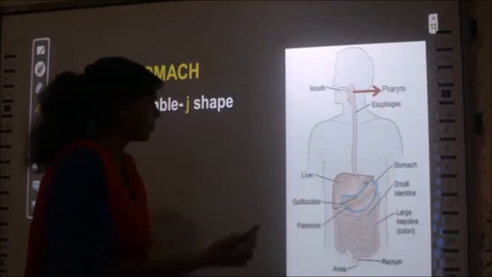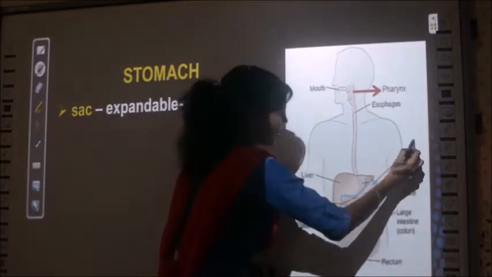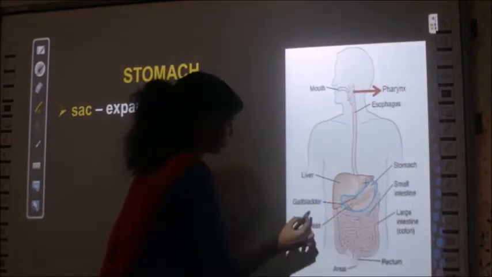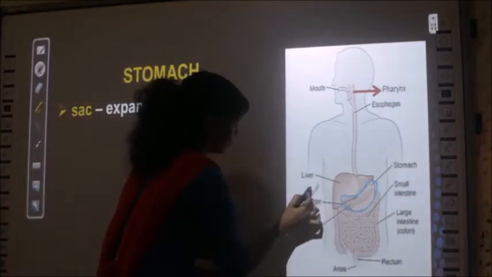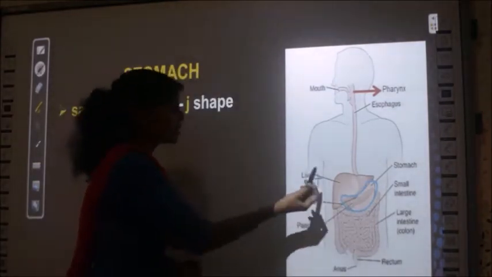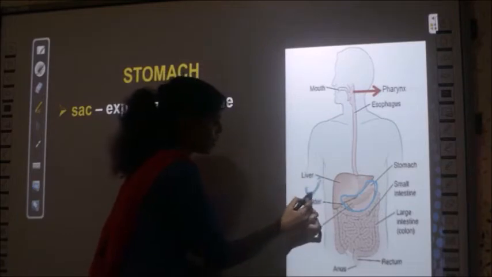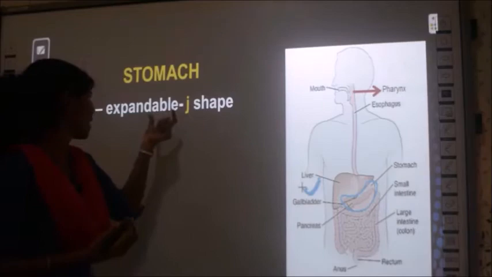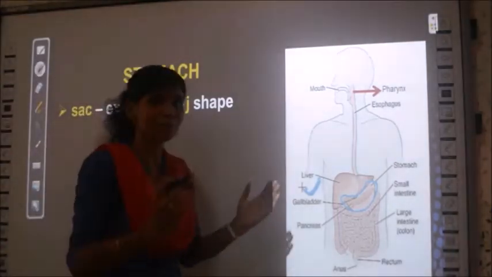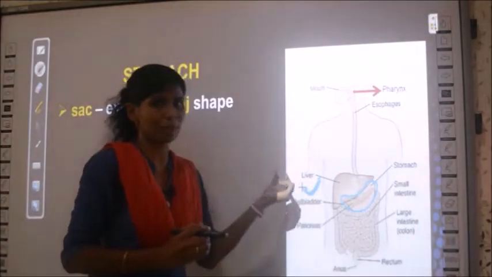The small J like this. So this resembles the shape of the letter J, so it is J shaped, and we have also seen it is an expandable sac which is in the shape of J.